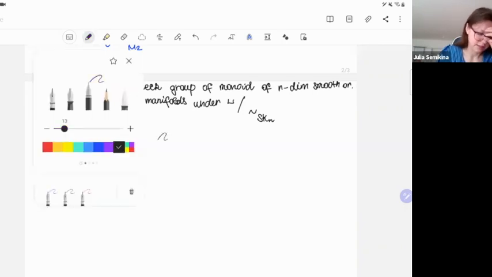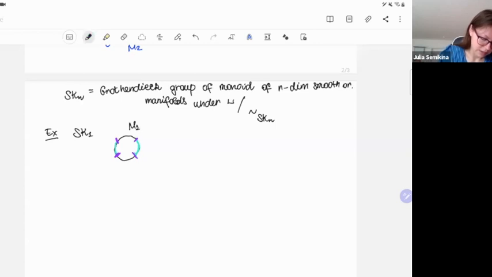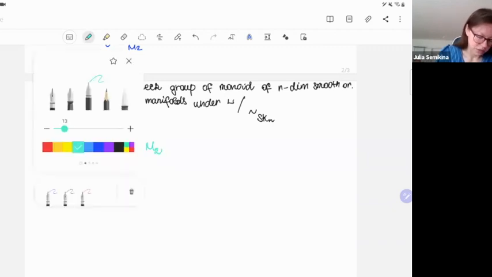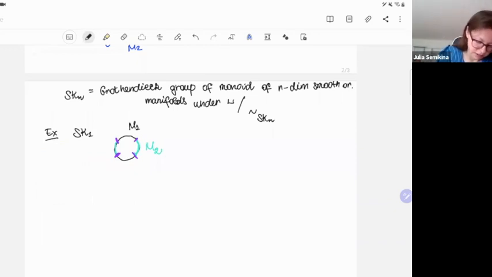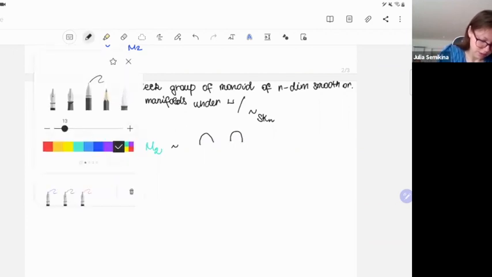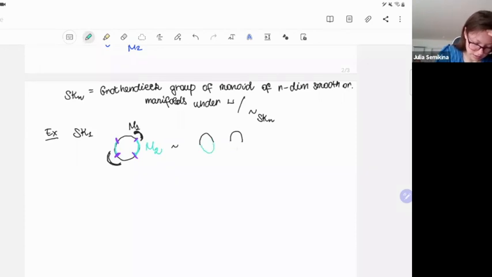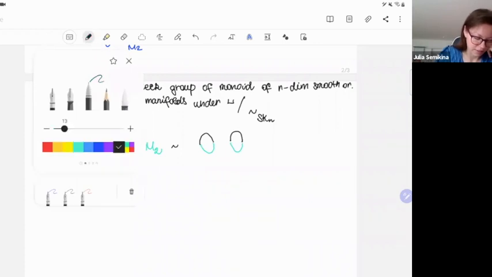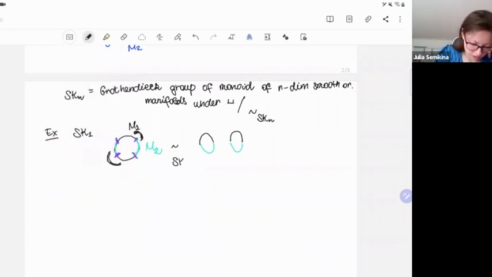Black is my M1, and this turquoise color is my M2. And I can glue these two pieces in a different way. I can glue not like in this picture, but these two pieces together and these two pieces together. And this will mean that I will have a picture like this. So a circle is SK equivalent to the disjoint union of two circles.